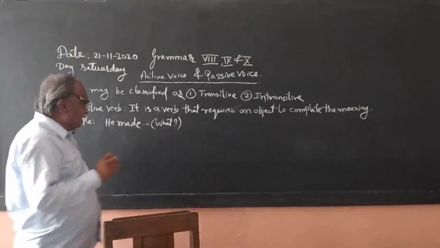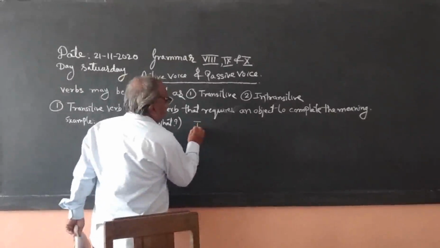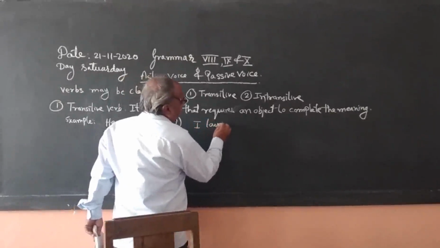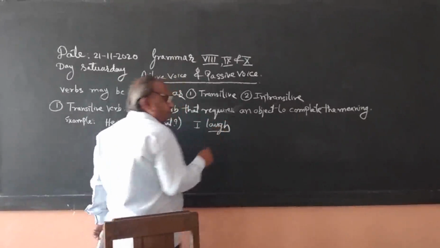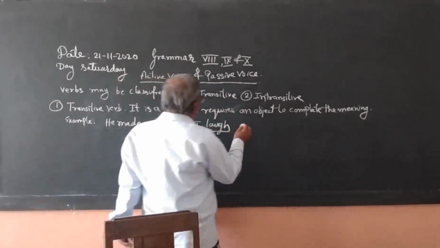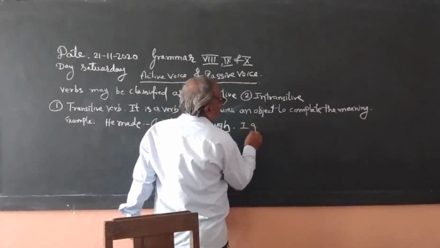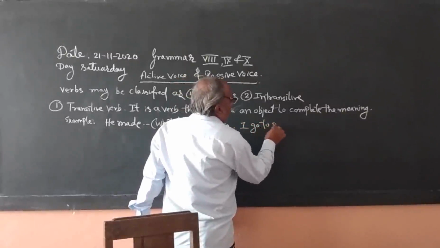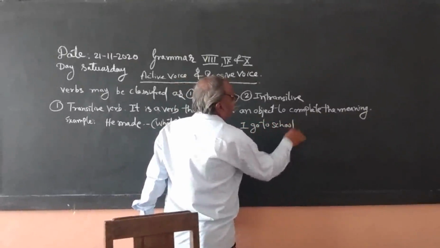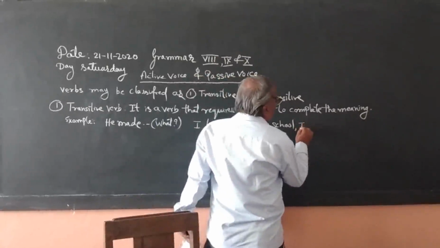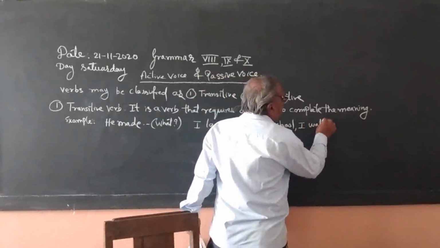For example, intransitive verbs I will give. I laugh. Here the laugh is intransitive verb. Or I go to school. Or I walk.